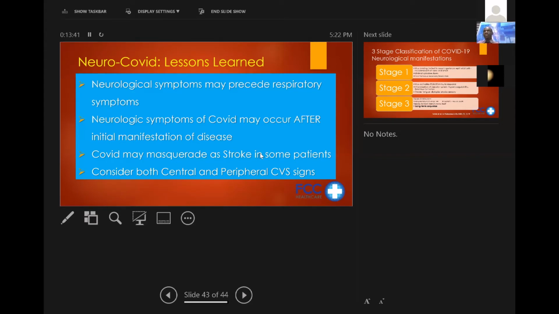Of course, COVID can masquerade as stroke in some patients, and then we need to basically have a very, very high index of suspicion, as these patients may present with central and peripheral CNS signs that may present as our patient, or can also cause, in some cases, as papers describe, difficulty weaning after ventilating these patients because of respiratory muscle weaknesses.